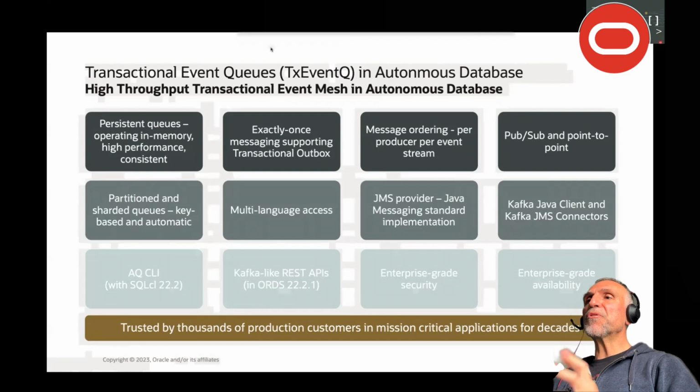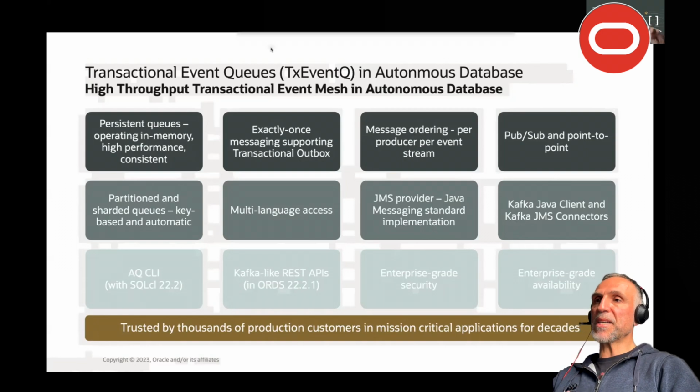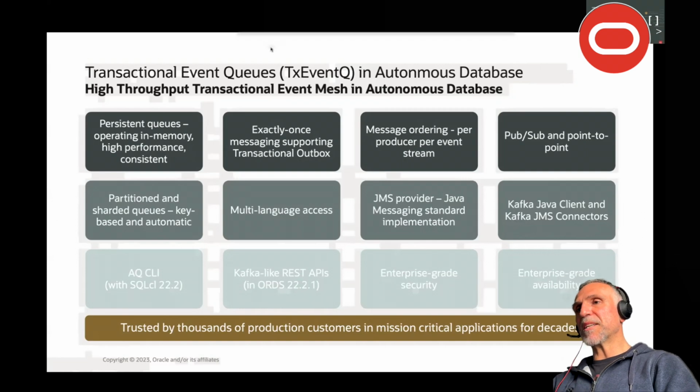And then you have producers and consumers of those messages sent to the topic, right? The producers will put messages and the consumers will basically take messages out. And this is what's called a pub-sub environment, or a pub-sub technology.